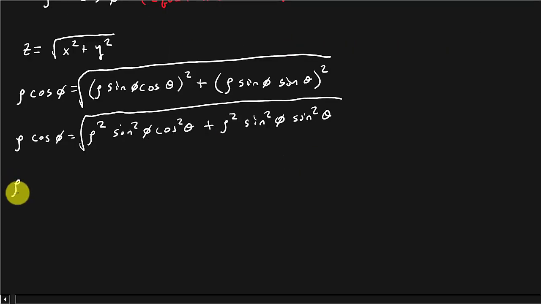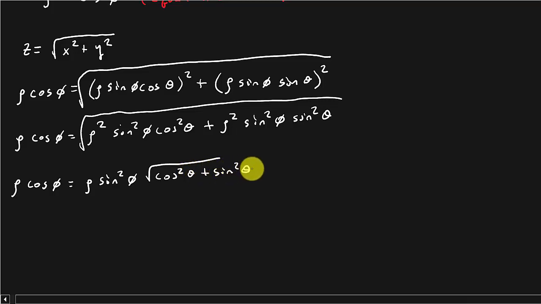And so I get rho cosine phi. I can factor out a rho squared sine squared phi, and the square root of rho squared sine squared phi is just rho sine phi, times the square root of cosine squared theta plus sine squared theta, which we know is 1.